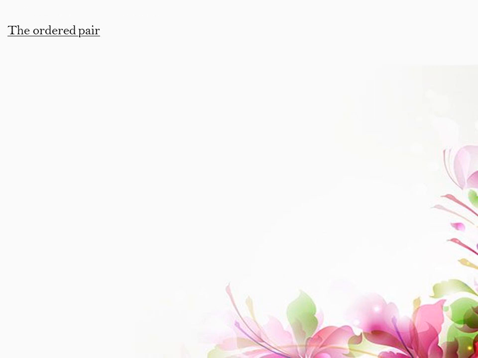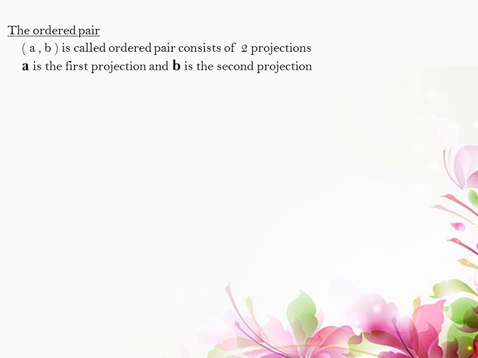The ordered pair. We learned it before. If we have (A, B), it is called an ordered pair, and it consists of two values or two projections. A is the first projection and B is the second projection.